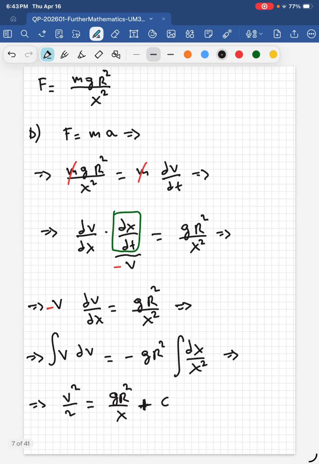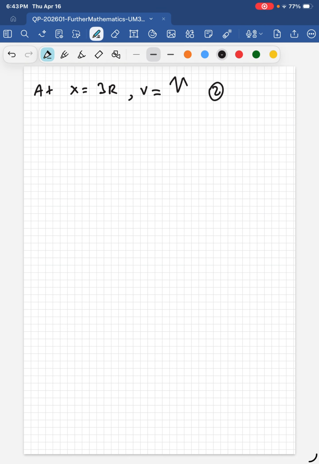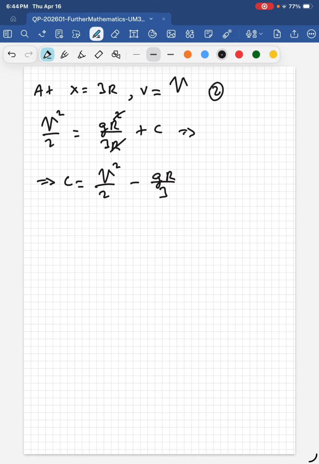So we get that V squared over 2 is g r squared over 3r. So r cancels, plus c. So c is equal to V squared over 2 minus g r over 3. Equation 3. And using 1 and 3, by the way, did I use other numbers before?